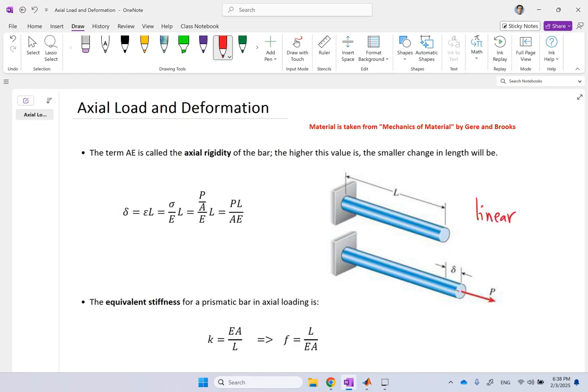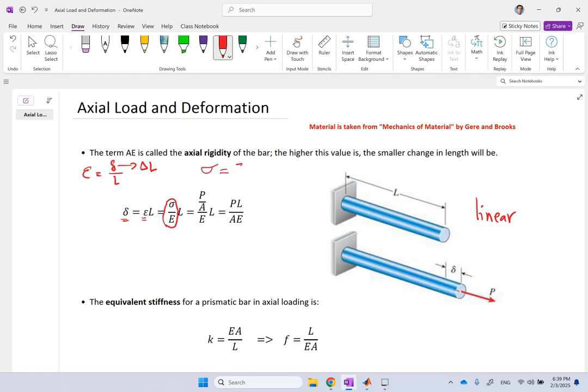So the elongation delta is equal to epsilon times L, because strain epsilon is delta, the change in the length, over length. So cross multiplication, this delta, the same as delta L, is epsilon times L. Now epsilon in the linear region is stress over Young's modulus, correct?